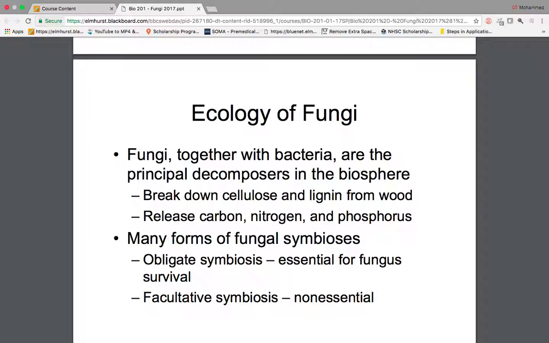So we didn't really talk about fungi in any of the ecological stuff that we discussed, did we? We sort of said, okay, there are decomposers and left it at that.